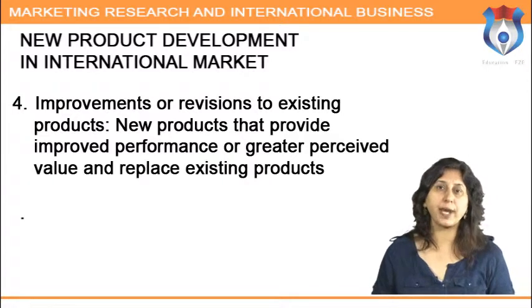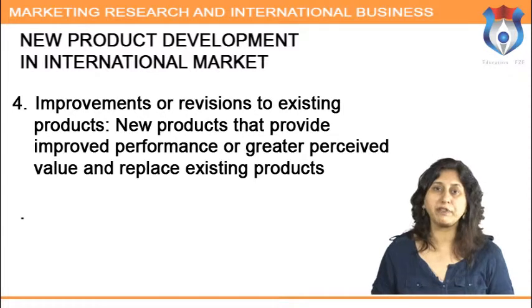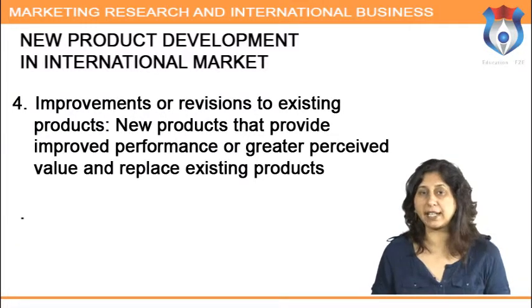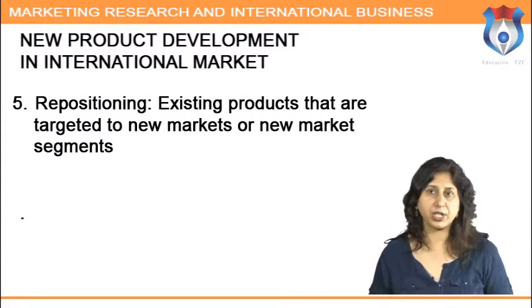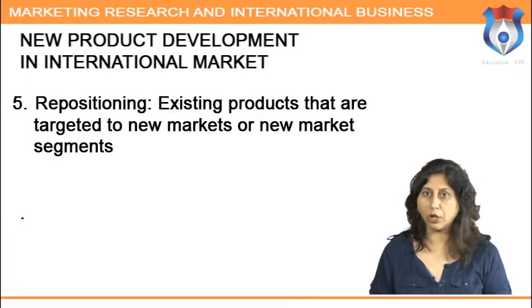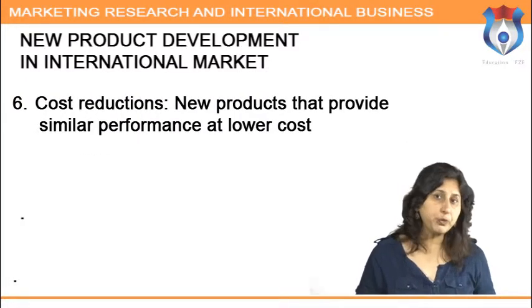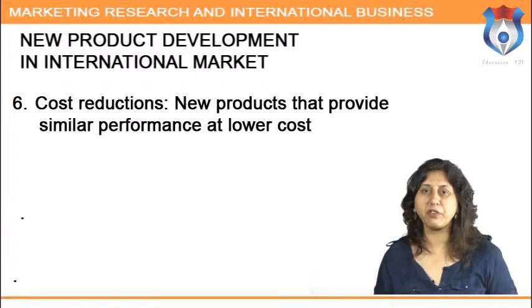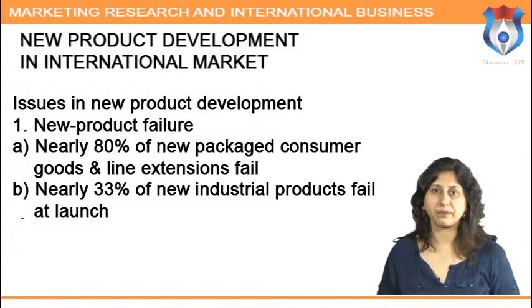Improvements or revisions to existing products: new products that provide improved performance or greater perceived value and replace existing products. Repositioning: existing products that are targeted to new markets or new market segments. Cost reductions: new products that provide similar performance at lower cost.